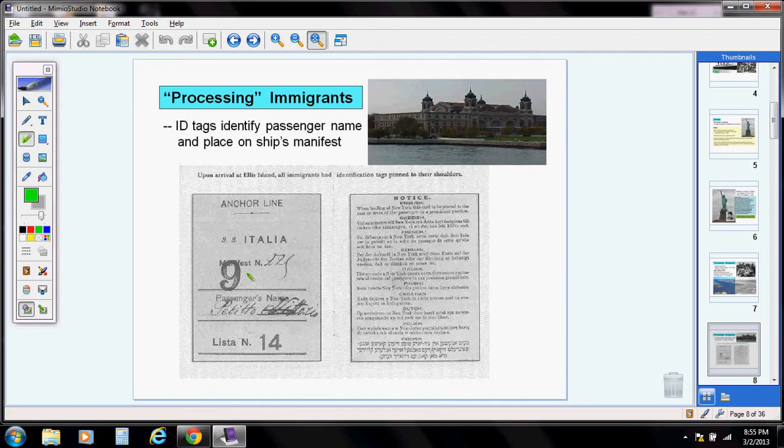This would become important later when the officials would ask questions about their status, about their finances, about why they came, about their political affiliations, so they could find them on the ship's manifest catalog. It also lists, of course, their name. This is Petito, who came on the SS Italia.